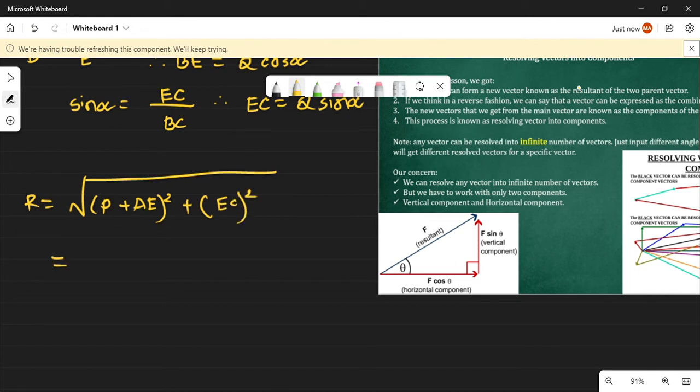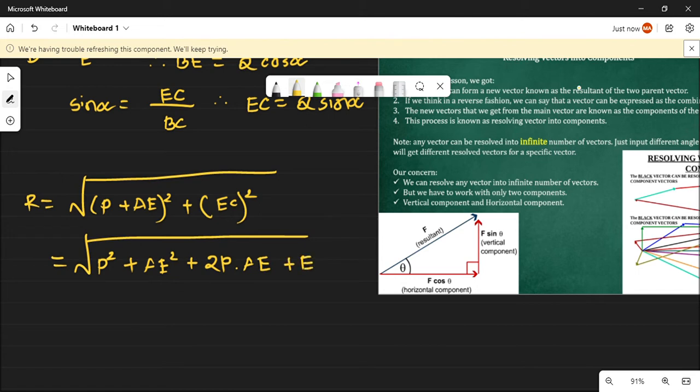If we factorize the term, P square plus AE square plus 2P into AE plus EC square.